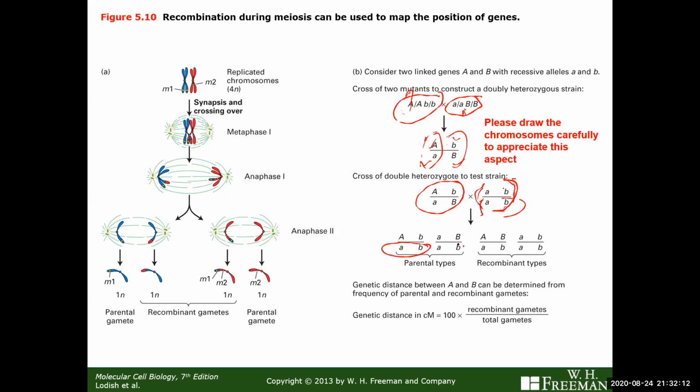Okay, it does not vary, right? In all the cases, it is the same. But the one that you get from here, normally you should get AB like this, or AB like this, but you may get some which is wild type for A and wild type for B, or mutant for A and mutant for B.